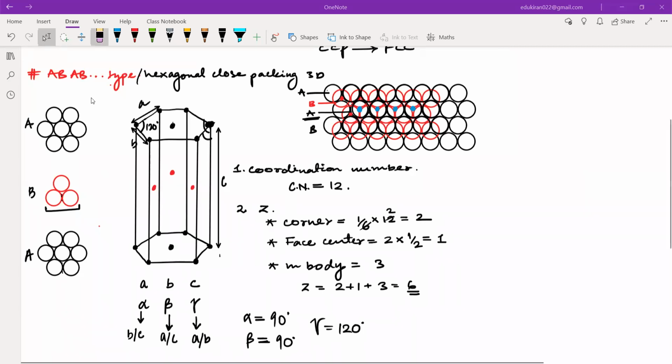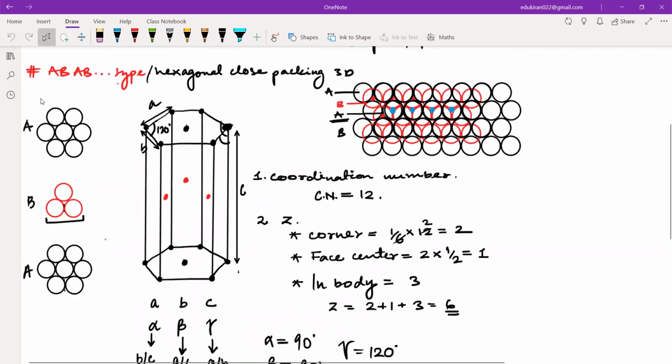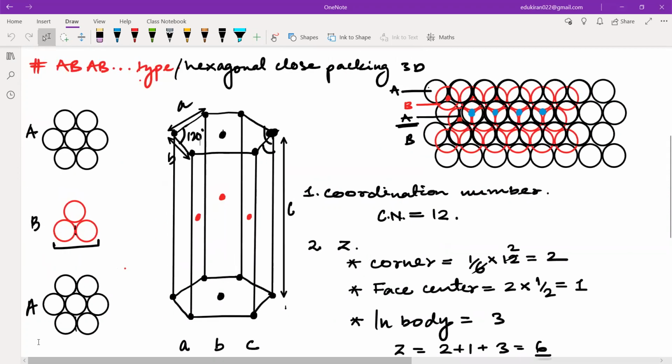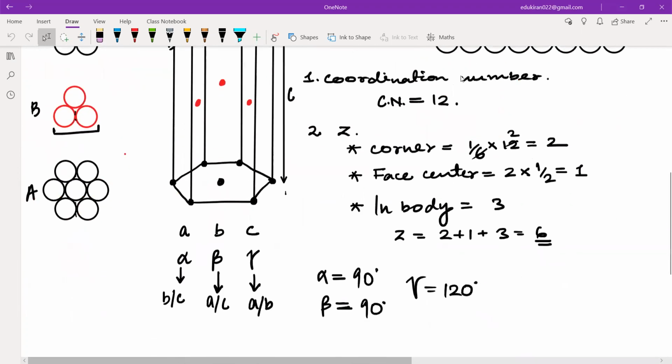This is in body, sorry, not in body, this is in body. Okay, Abdul Rahman, this is in body, these red atoms. Okay, so I think most of you are done now. Yeah, everyone is done. Right.